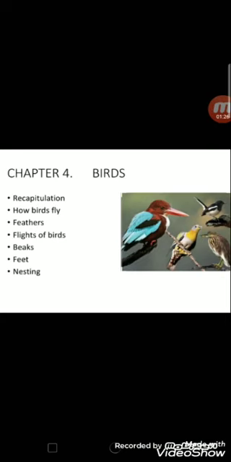About feathers, it means what type of feathers they have and how they fly with the help of feathers and wings. Flights of birds, in this we will see how they fly. Next is beak, how their beak helps them. Next, feet, how their feet help them. And last is nesting, they prepare nests to protect their babies from unfavorable conditions. So let's start.